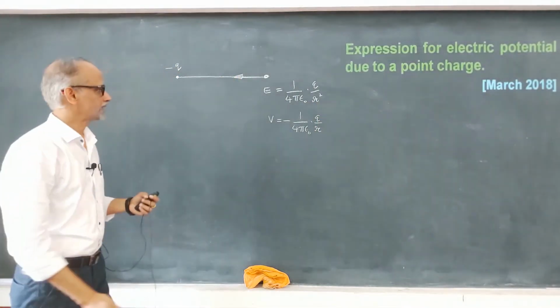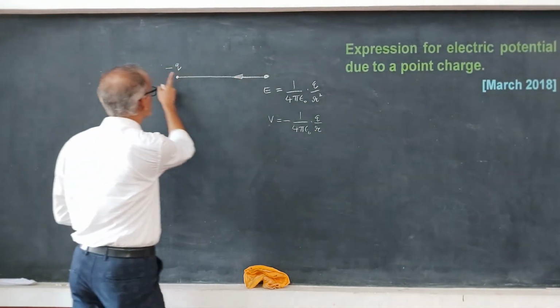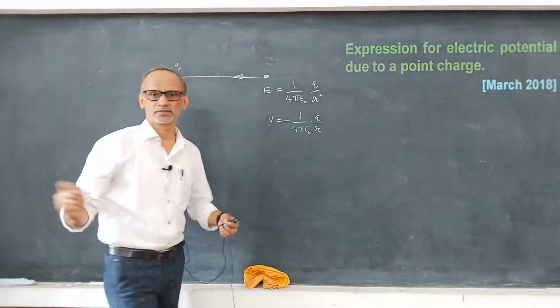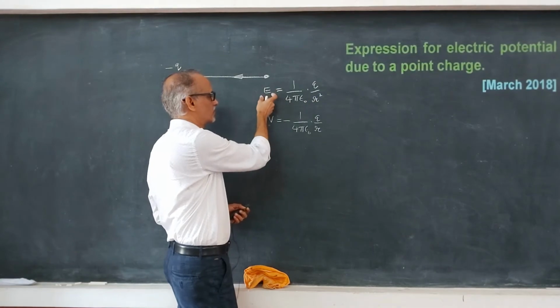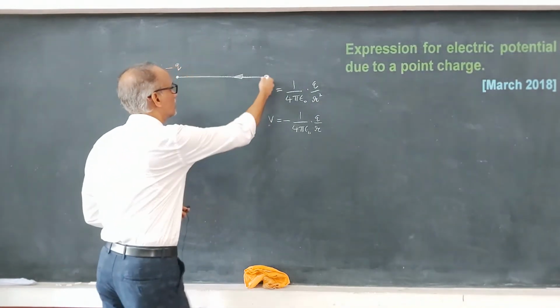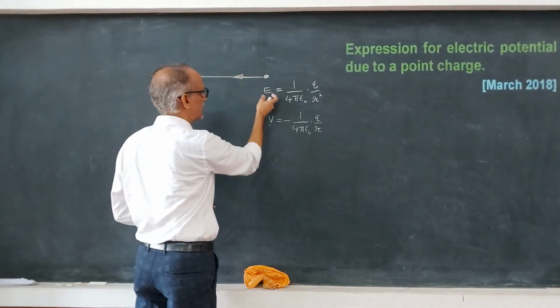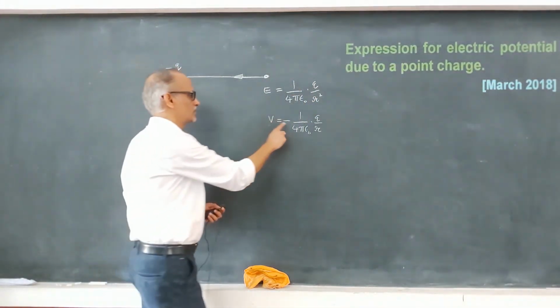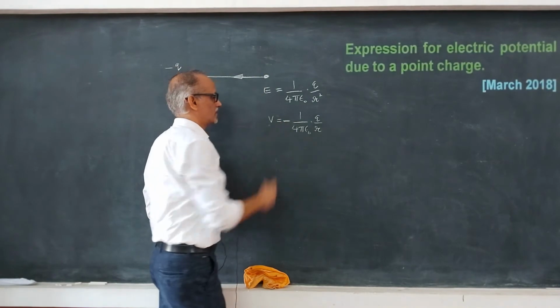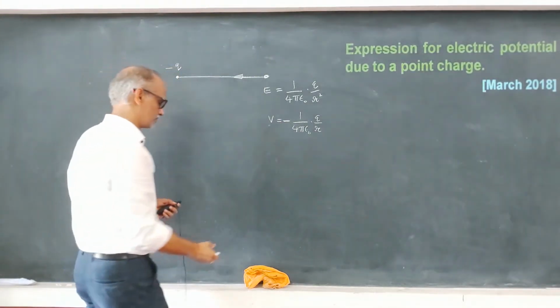So, while calculating the potential, you have to consider the sign of the charge. But while finding the electric field, we do not consider the sign because it is a vector quantity. The direction will give you an idea that this particular charge is negative. But while finding the potential, signs are very important.